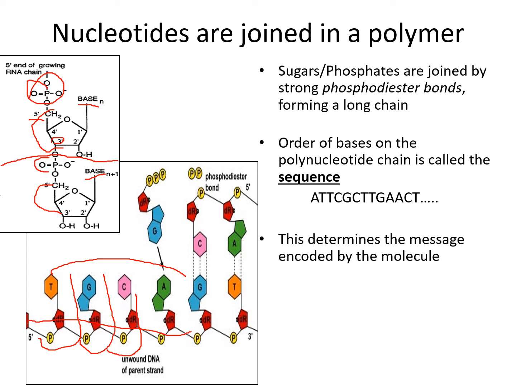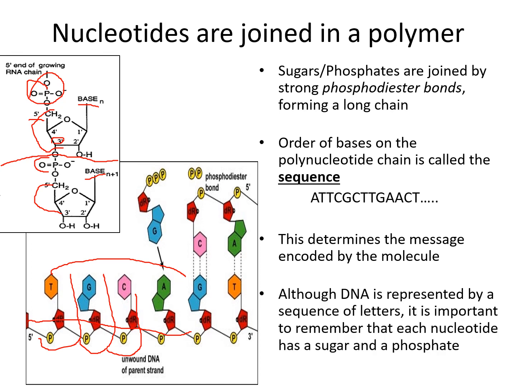The sequence of nucleotides is going to determine the message encoded by the molecule. So essentially, it is going to code for what amino acid sequence is going to be constructed to make a protein. Okay. Remember that even though this is usually what we see when we talk about the sequence of DNA, the nucleotide itself also includes the phosphate and the sugar.